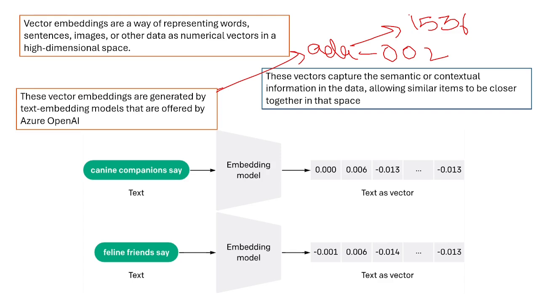Talking about an example, let's say you have the species canine, and the sentence says canine companion say. This is a phrase that is a combination of three words.